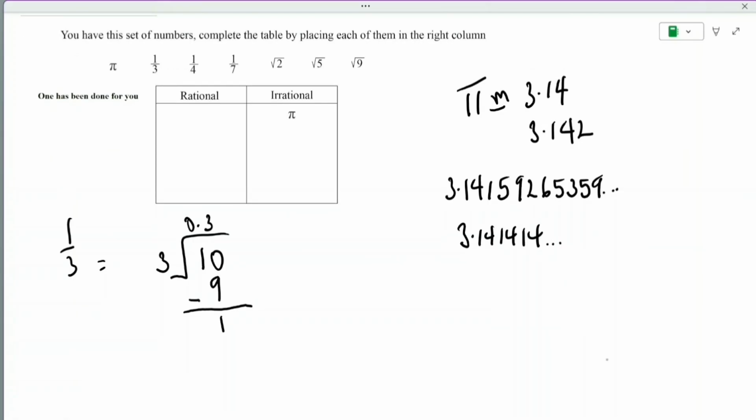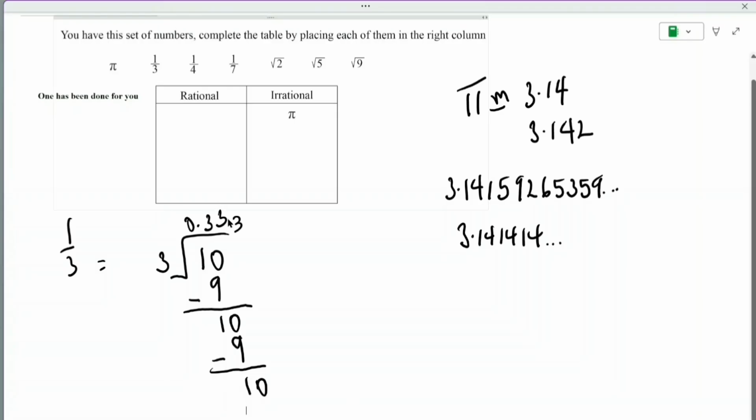Once you have a decimal, you can just include a 0 to the 1, making it 10. 3 in 10 is still 3. You have 3 times 3, that's 9. You subtract, that will give you 1. That's 10 minus 9 will give you 1. 3 in 1 is impossible, so you add a 0 to the 1, making it 10. 3 in 10 is still 3.